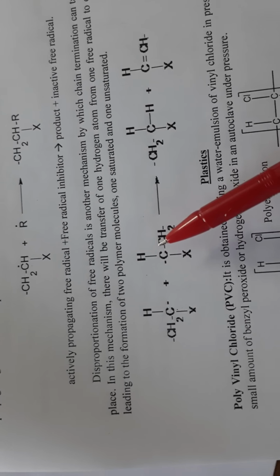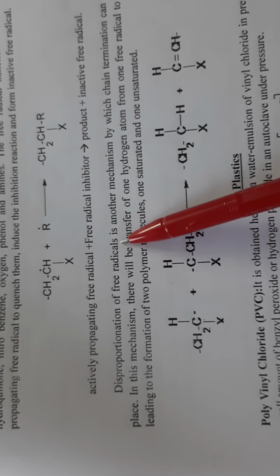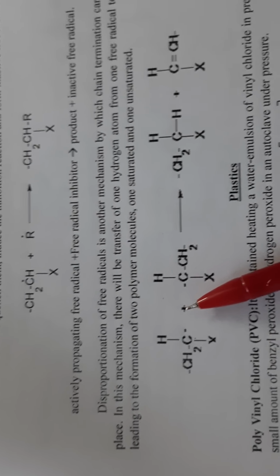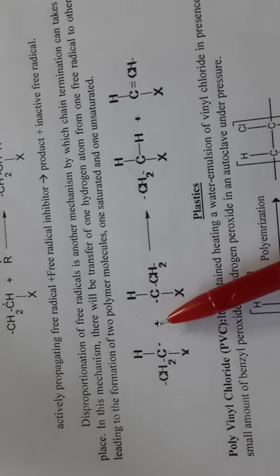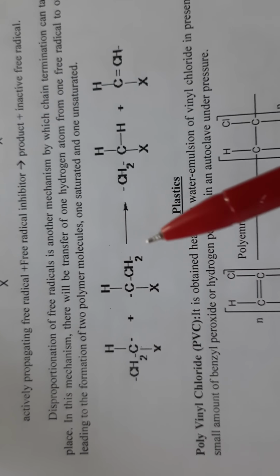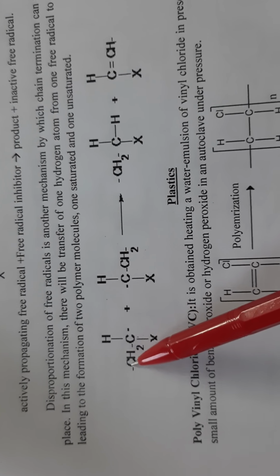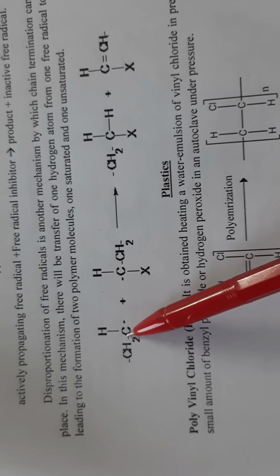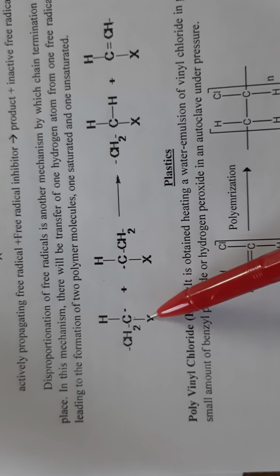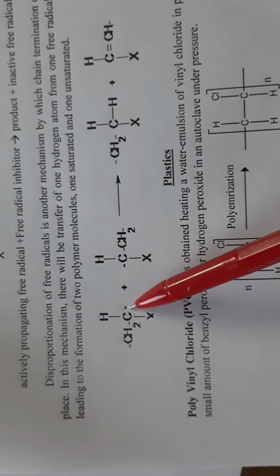Another process is the disproportionation of the free radicals. In this process, the hydrogen atom which is present in one monomer unit shifts to another monomer unit. Say for example CH2 single bond CH and one X. This X may be chlorine, bromine, iodine, etc. And this is a free radical.